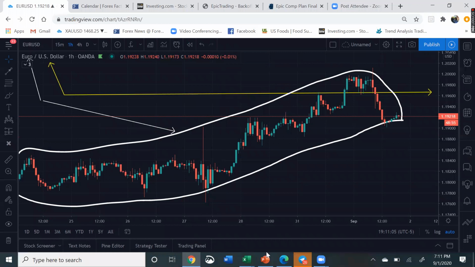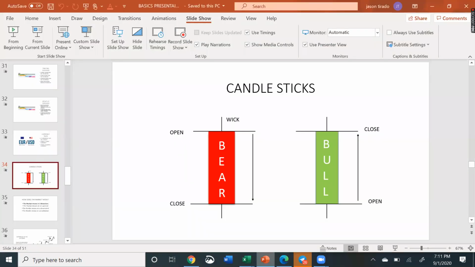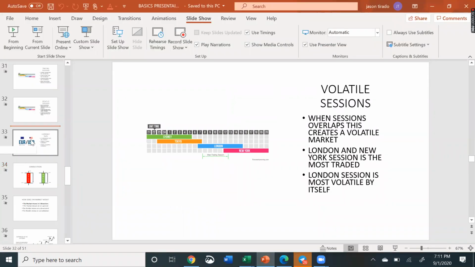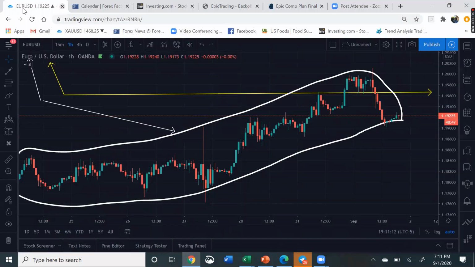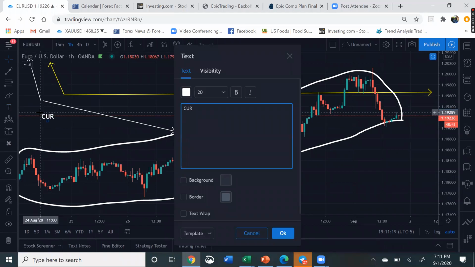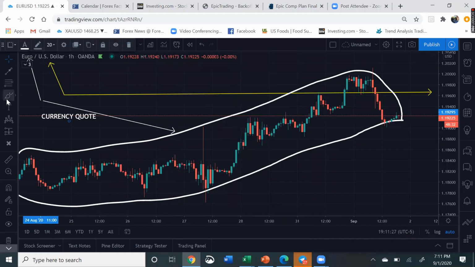There we go. Okay, yeah, I knew I was saying it backwards. This is your currency quote. I'm sorry, I'm going to type it right here. This is your currency quote right here.